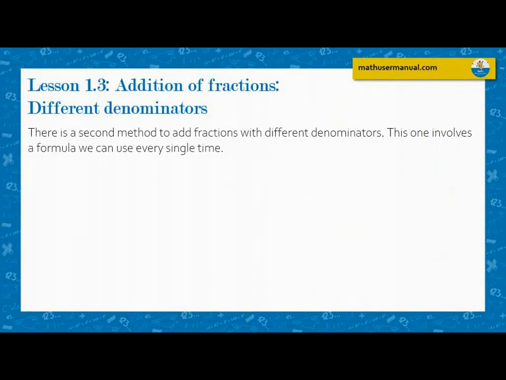But as mentioned, there is a second method. This one might be a little bit longer and requires a little bit of extra thinking, but it's actually a more direct method and it works every single time. For this, we can bring back our fractions of a over c and b over d, and we can use our formula. What do we do? First, multiply the denominators together, c times d.